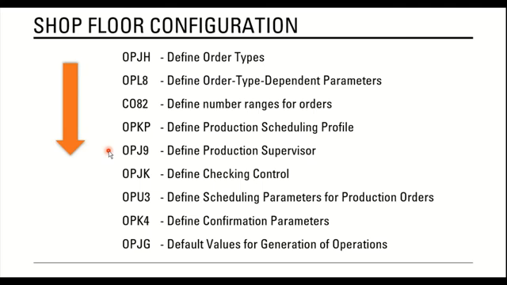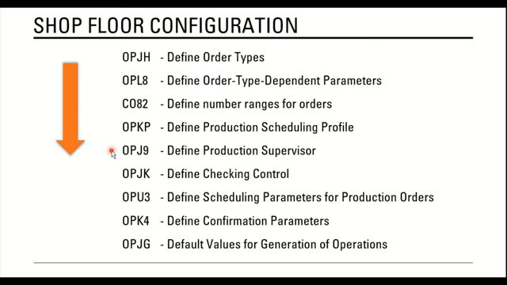After that, in the shop floor, we have the production supervisors, right? Each of those production supervisors can have a unique code identifying the person. That can be configured here in OPJ9 by assigning a 3-digit code. It can be alphanumeric, and it can have a specific description of the production supervisor with his name itself.